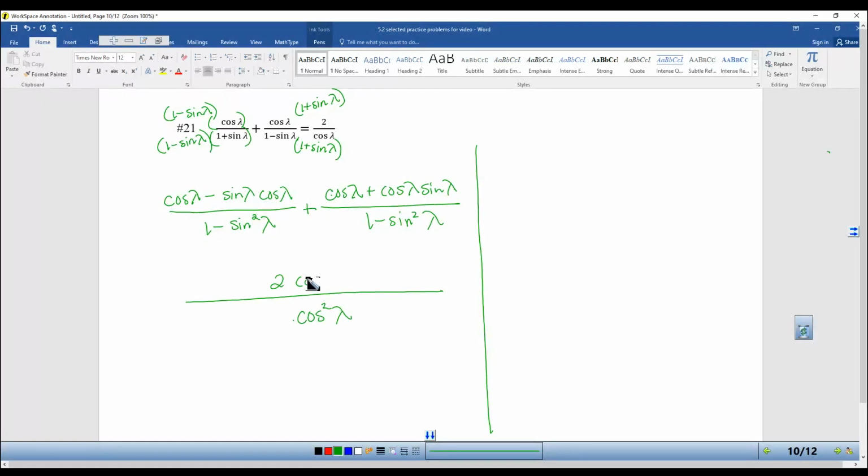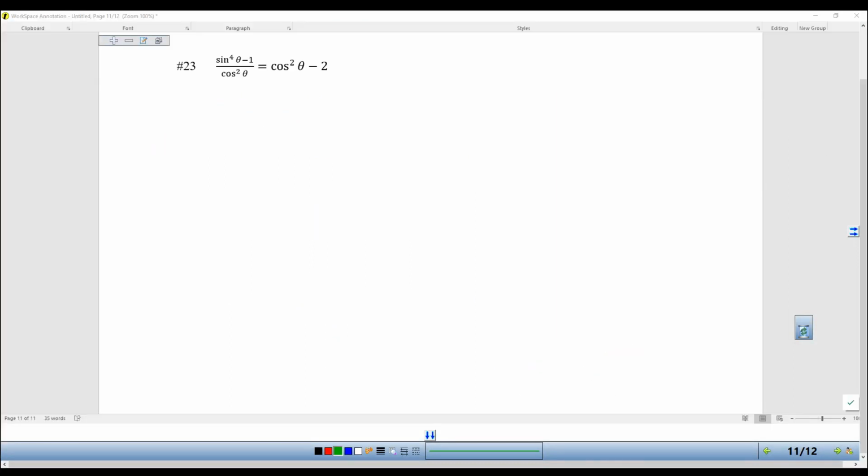So I have 2 cosine lambda, which now one of these cancels with one of these, and I end up with just 2 over cosine of lambda, which is what the other side was. And I'm done.